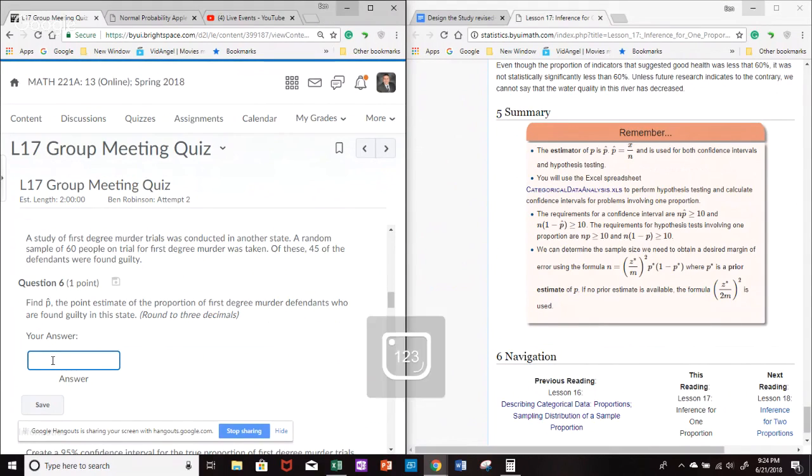Since we have the sample, 45 out of 60, we'll do the P hat formula, 45 divided by 60, which is 3/4. In decimals, I think we have to put the 0. Will it be a 0 after the 5? I don't think we have to do that, but we've still rounded to 3 decimals.